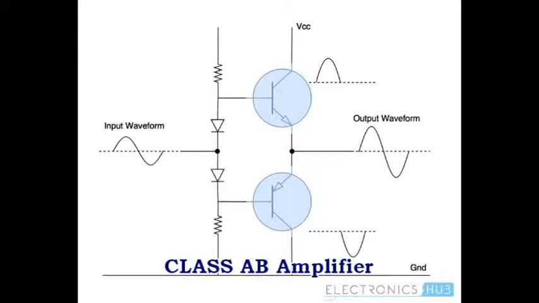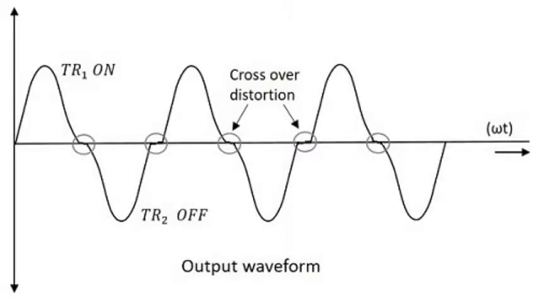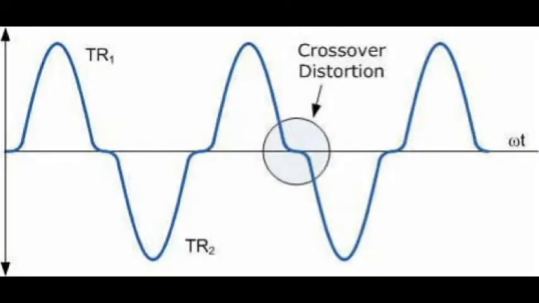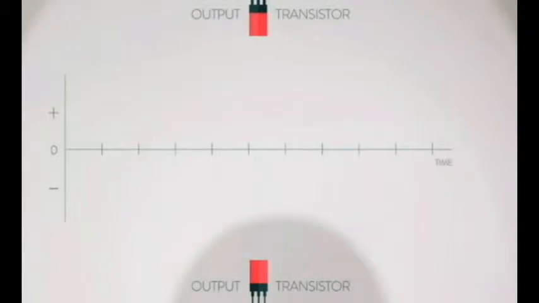The Class AB amplifier is a variation of a Class B amplifier as described above, except that both devices are allowed to conduct at the same time around the waveform's crossover point, eliminating the crossover distortion problem of the previous Class B amplifier. The two transistors have a very small bias voltage, typically at 5 to 10% of the quiescent current, to bias the transistors just above its cutoff point.